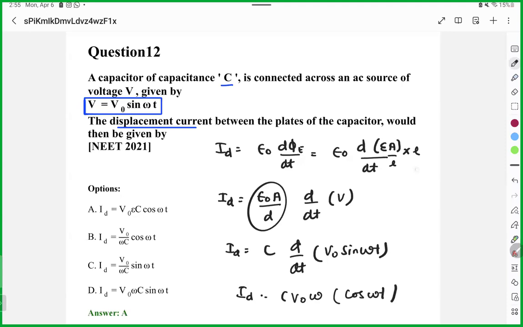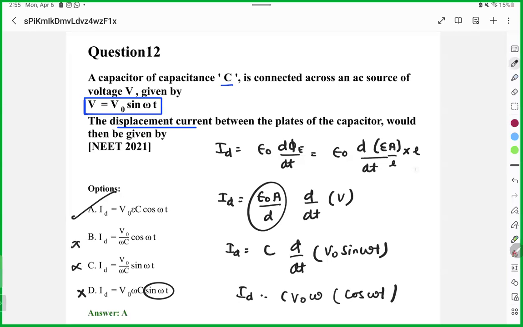Do you have this option? Yes. Should I explain this again? The answer in which omega is not there. It should be there, maybe a printing mistake. It could be d, but here we should have cos omega. So I omitted C and D, sir, because sin omega is there in both.